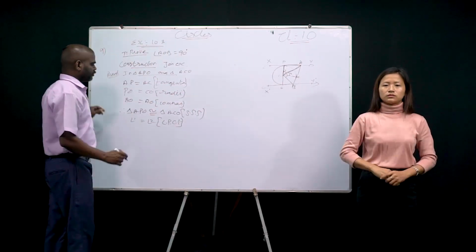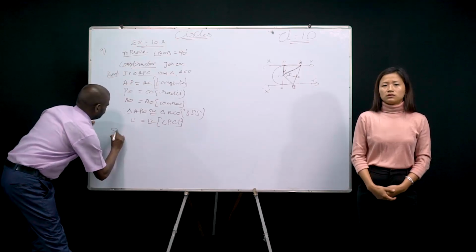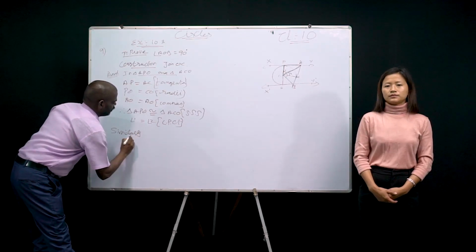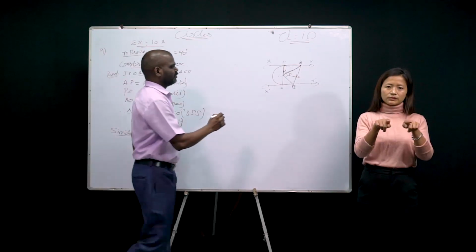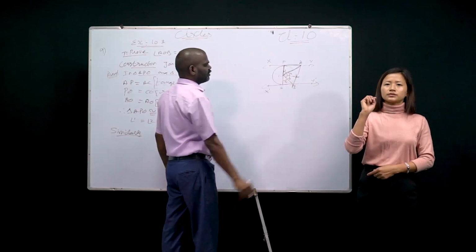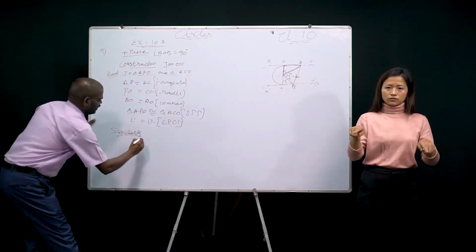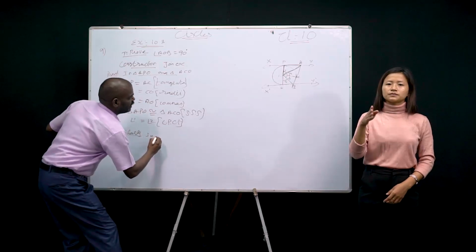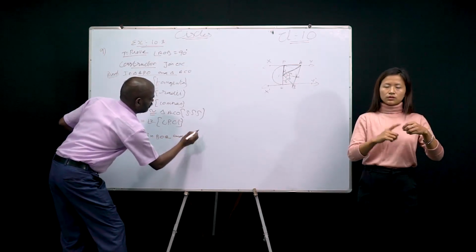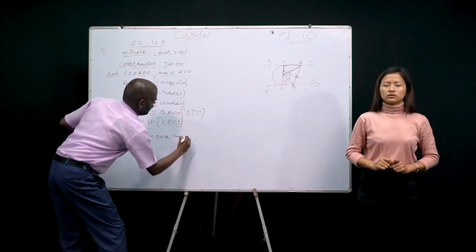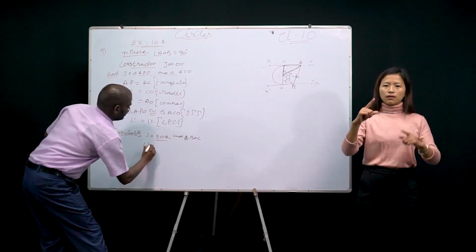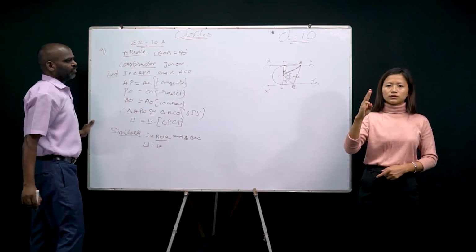Clear? Next. Similarly, angle 3 and 4 also equal or not? In triangle BOQ and triangle BOC, angle 3 equal to angle 4.